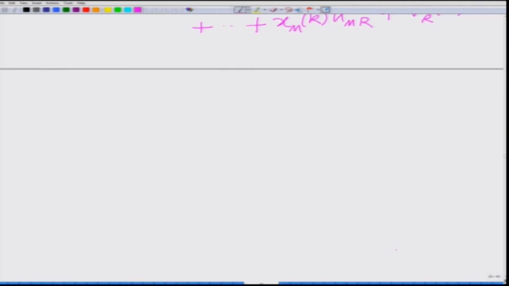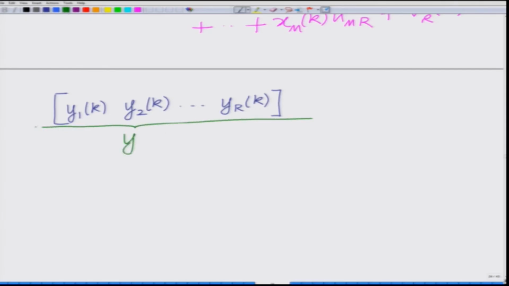So, now I can form the vector model as follows. I can write, and you can verify this, y1k, y2k, up to yRk. I am writing this as a row vector, you can check this. This is basically y bar transpose of k, where y bar of k we have defined previously, that contains the R dimensional vector of received symbols at time instant k.